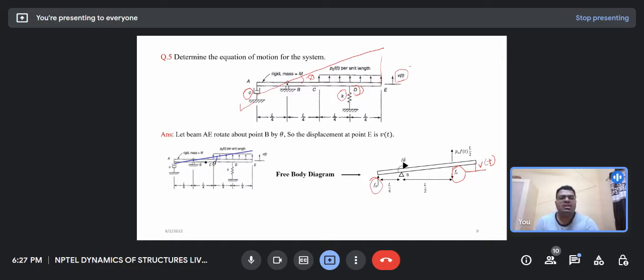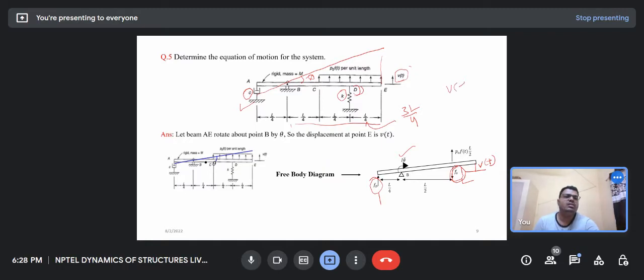First we have to calculate the value of Fd, the value of Fs, and the value of I, the mass moment of inertia of the rod. If Vt is the displacement at that point, how much displacement is there at the D point? That would be simple. The total length is 3L by 4.